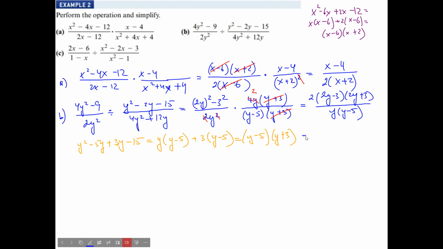So I would rather do this: 2 or 8y squared minus 18 over y.